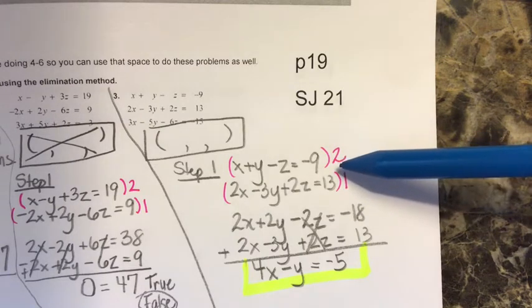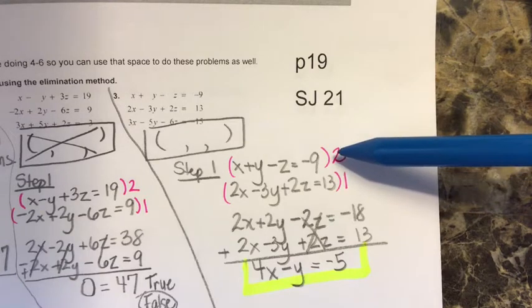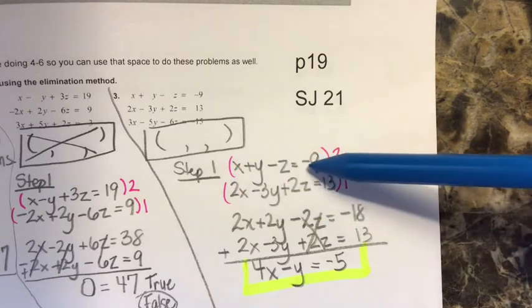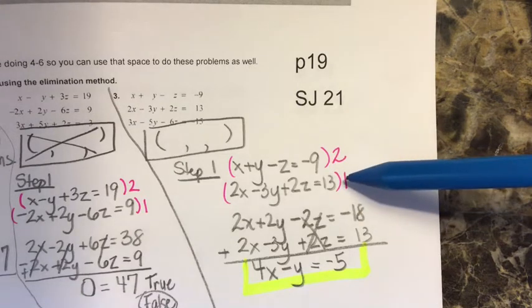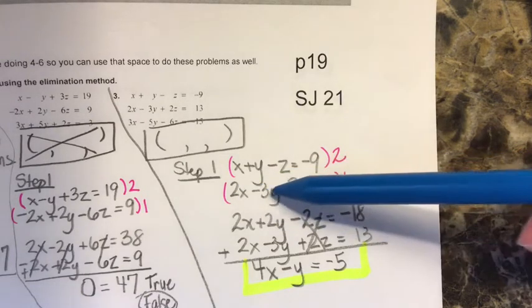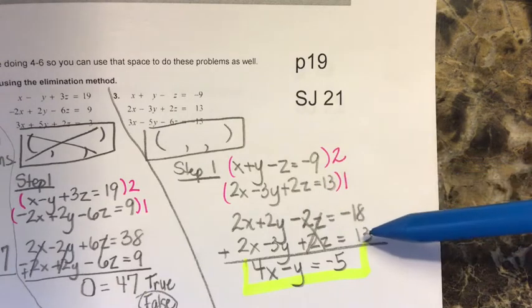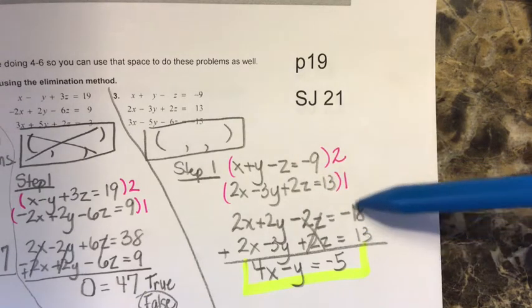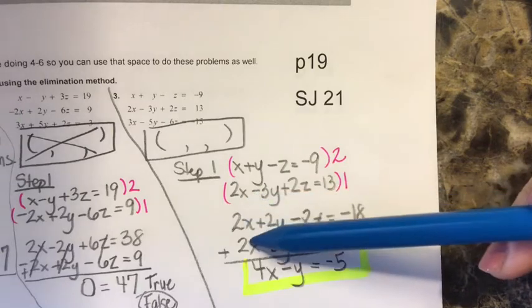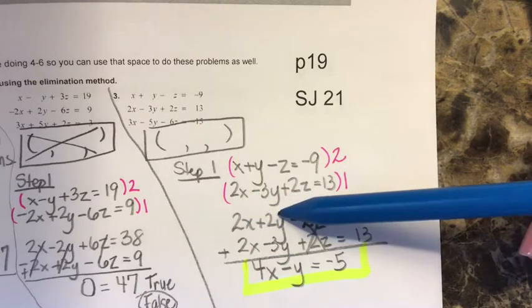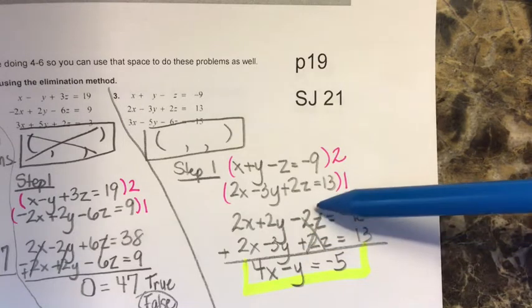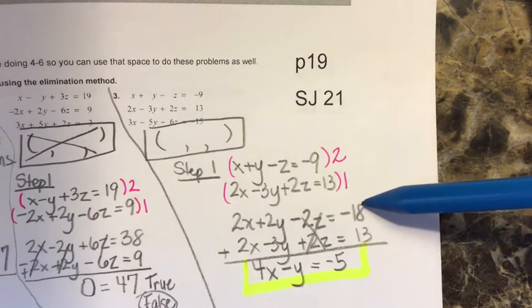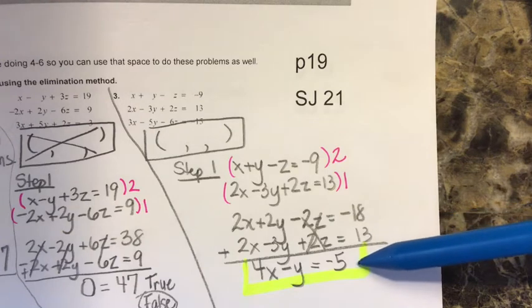The next thing I did was distribute. 2 multiplied into all of these gave me this answer. 1 multiplied to all of these gave me this answer. Then I added them together. 2x plus 2x, 2y plus -3y is -1y. The z is eliminated. -18 plus 13 is -5. That's the equation I got to step 1.